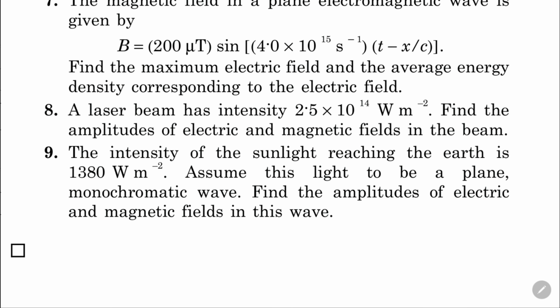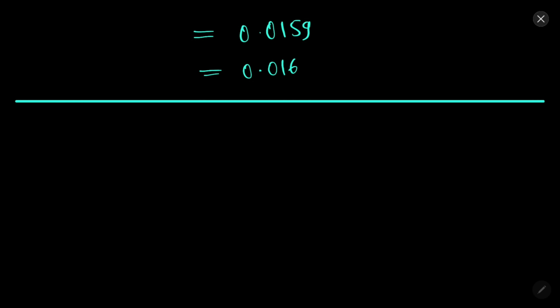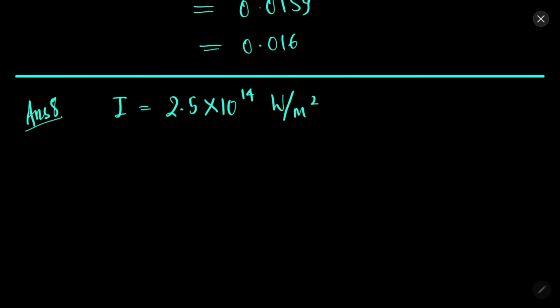In question 8, we have a laser beam of some intensity. We need to find the amplitudes of the electric and magnetic fields. So this is the 8th one. Intensity is 2.5 into 10 to the power 14 watt per meter square.